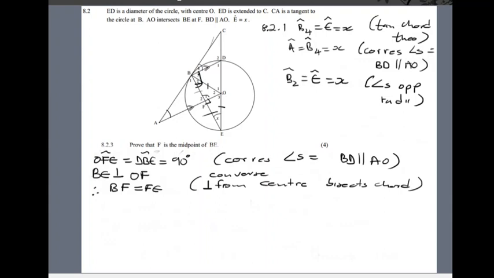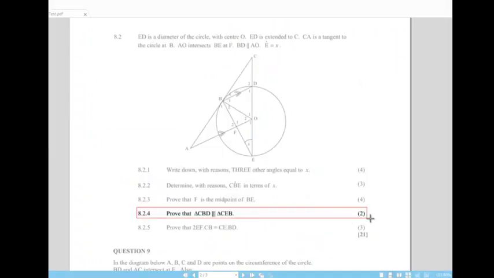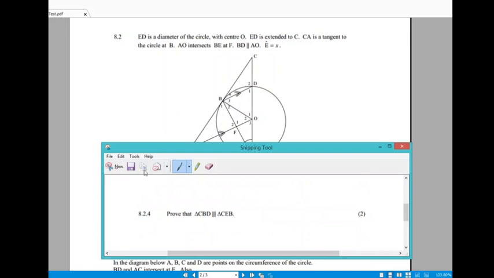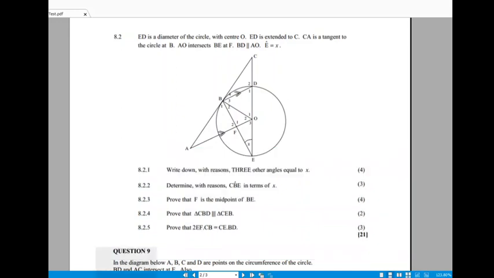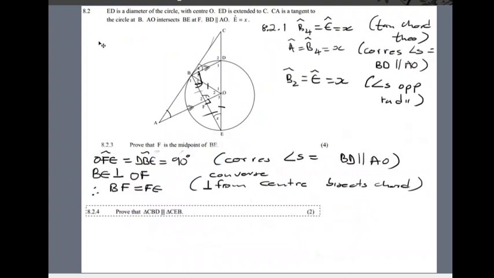Okay, and then we go to 8.2.4. In 8.2.4, you are required to prove that triangle CBD is similar to triangle CEB, right?